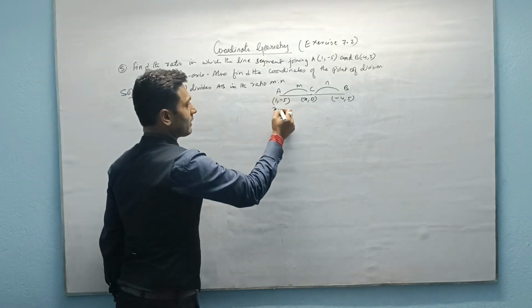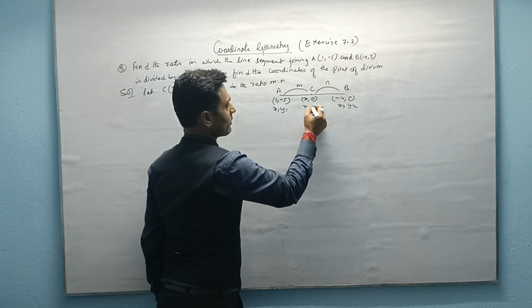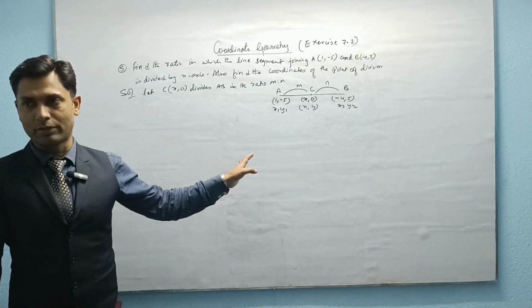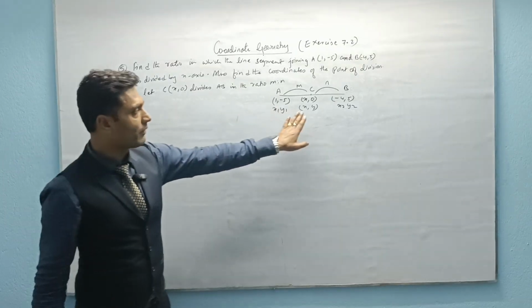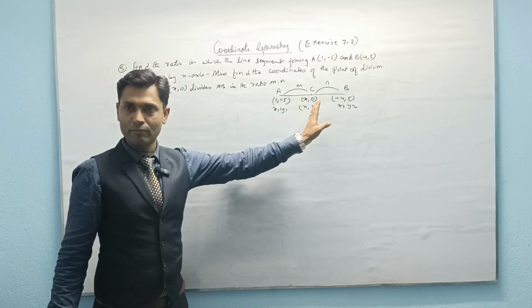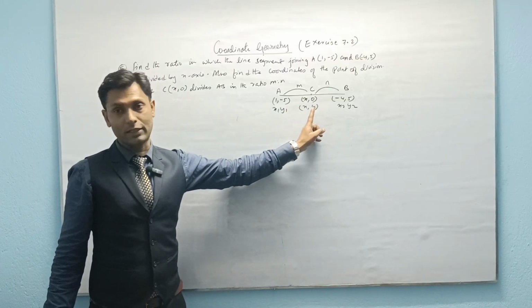See, I'll mark this x1, y1, x2, y2, and this is (x, y). Now I have to use the section formula. That's understood. Got it? But I don't have the value of x and I don't have the ratio as well. But what I have is the value of y. How much is y? 0.